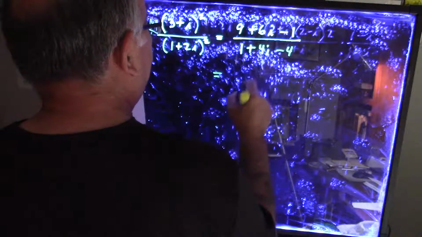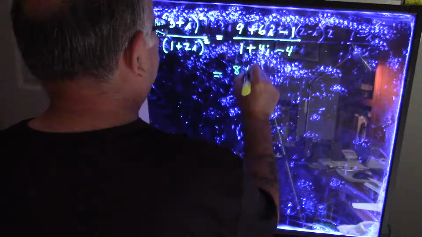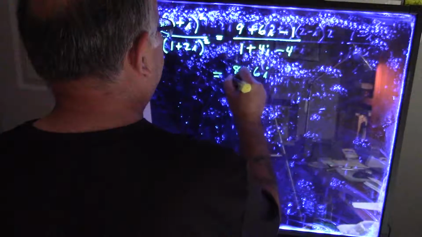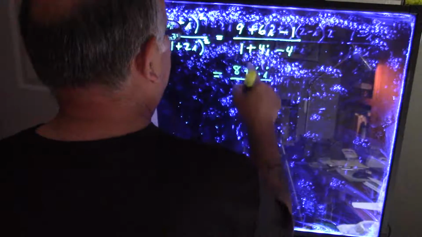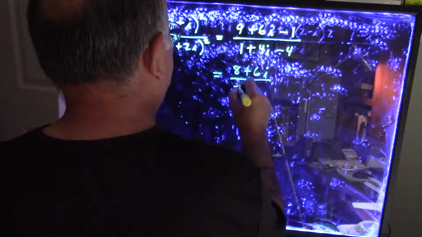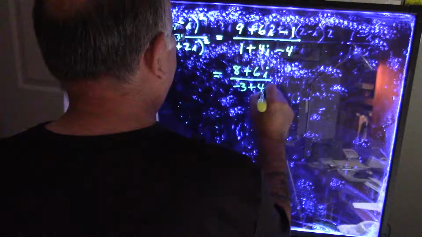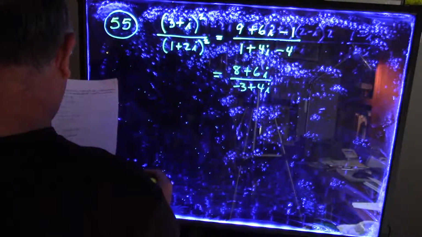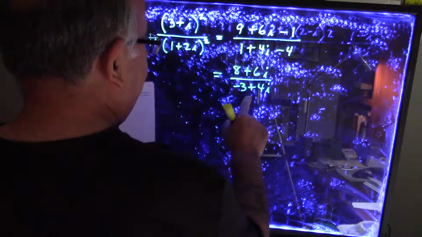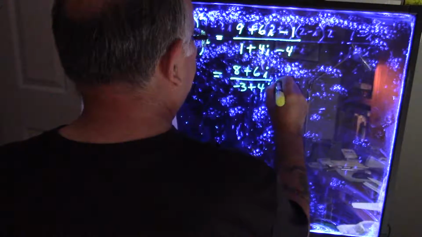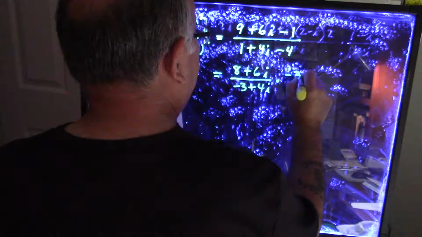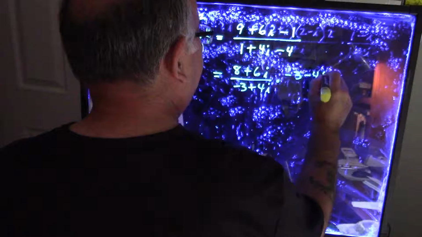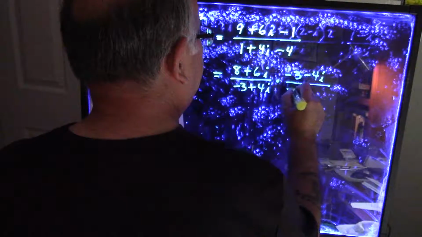So 9 minus 1 is 8, plus 6i, over 1 minus 4 is negative 3, plus 4i. So we've got that. Now what we do is we multiply top and bottom by the conjugate of the denominator. So that would be negative 3 minus 4i.